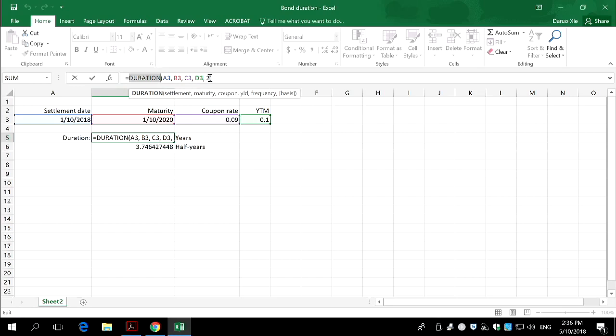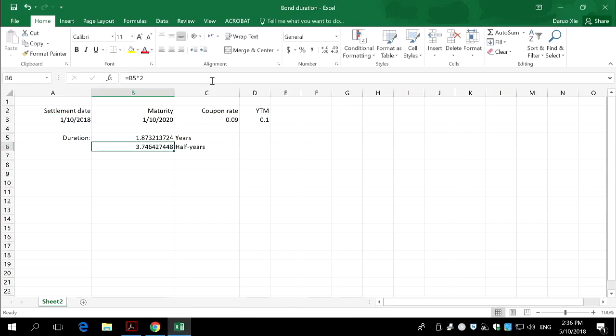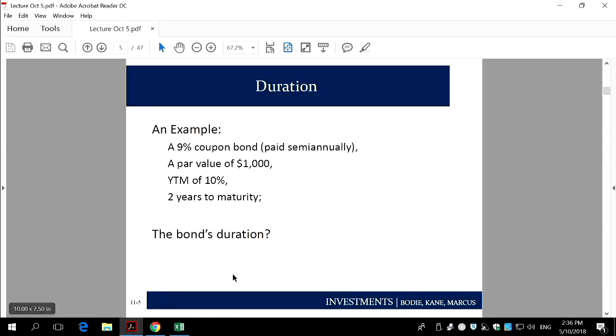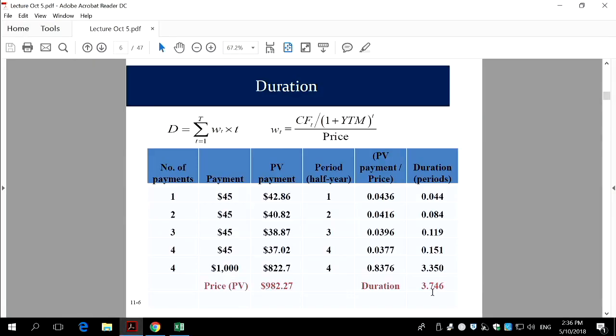Then this 2 means the coupon is paid twice per year. Then it gives you duration directly. So you just call this function, then you're done. Remember, in this Excel function, the unit is years. If you multiply this cell by 2, you get half years. So basically the same. Then this is what we get, 3.746. So this is the duration we get.